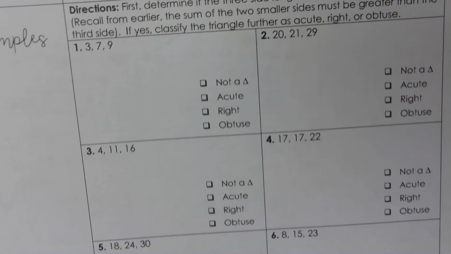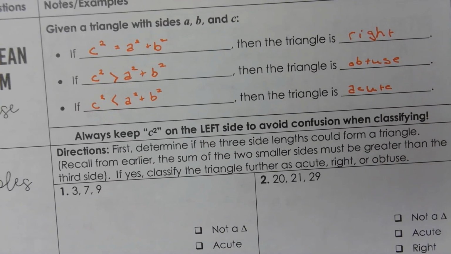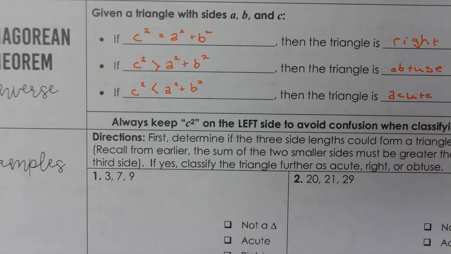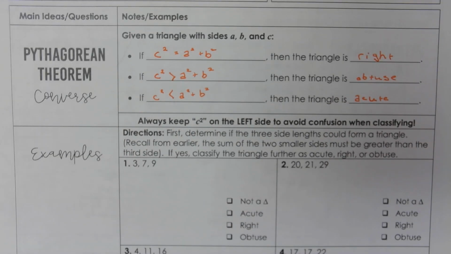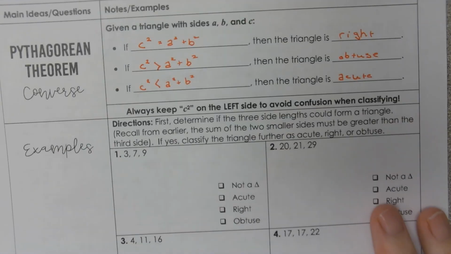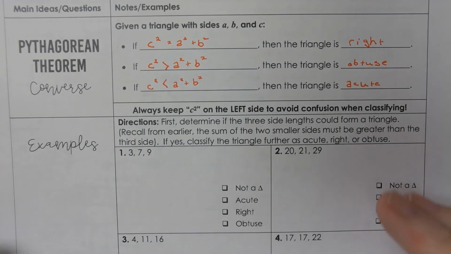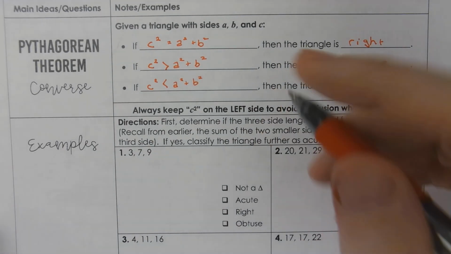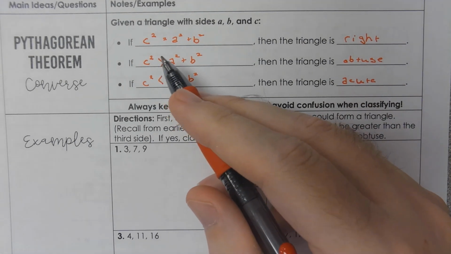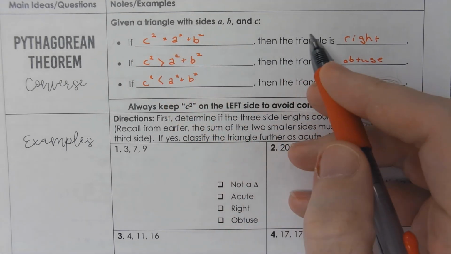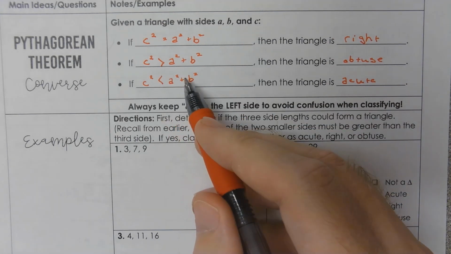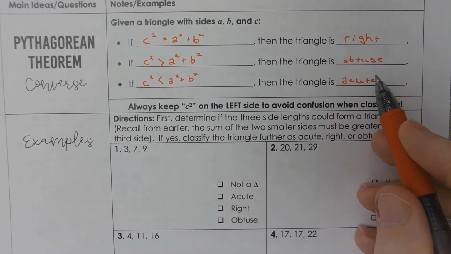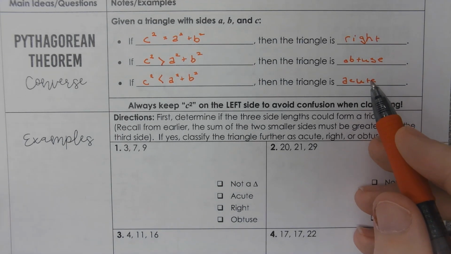Now, the other part of the Pythagorean theorem is called the converse. What this says is, if c squared equals a squared plus b squared, then it's a right triangle. But if c squared is greater than a squared plus b squared, then the triangle is an obtuse triangle.